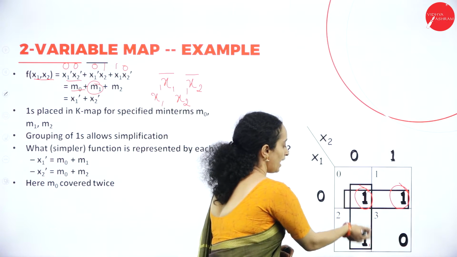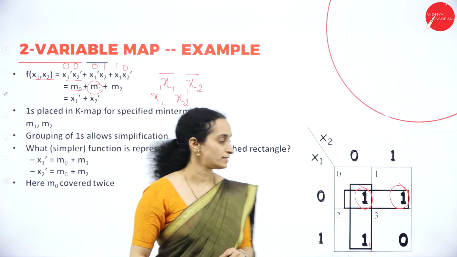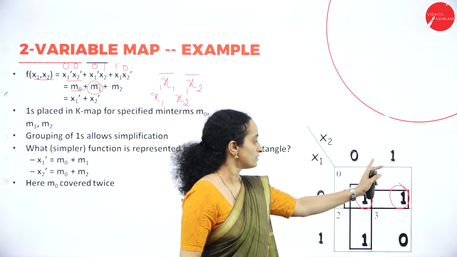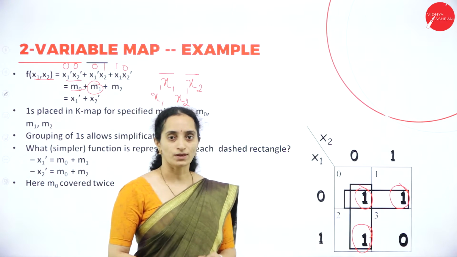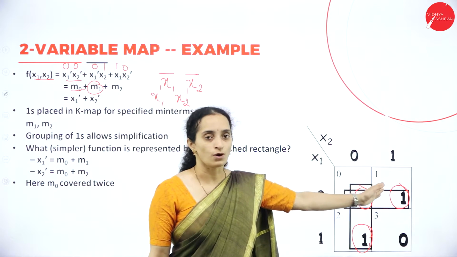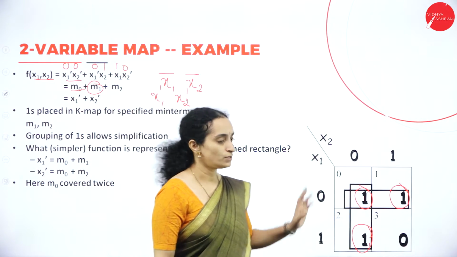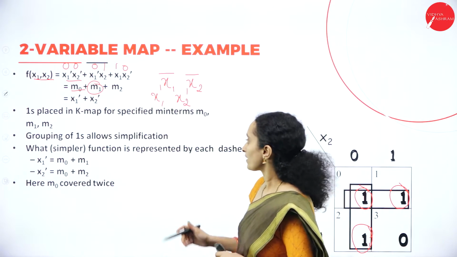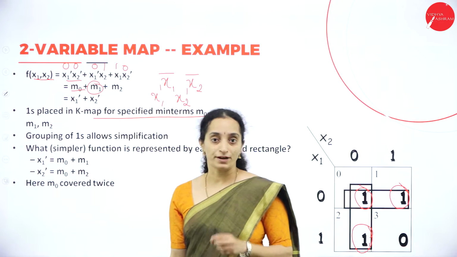Then we have m2, 1 0, so it will be represented here. The decimal equivalents are 0, 1, 2, 3. So these values can be grouped once placed in the K map for the specified min terms.